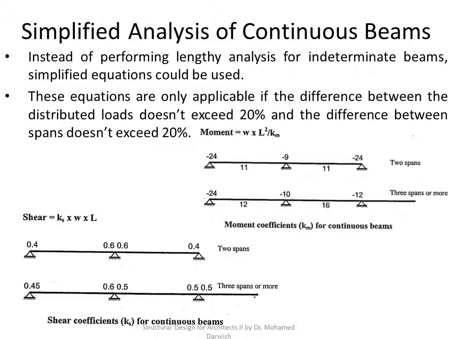If you satisfy these conditions, the moment is simply equal to W times L squared over Km, and this K will change depending on whether it is continuous over 2 spans or 3 spans. The value of K will change from mid span to the support, and so on. Same thing for the shear: here you have Ks times W times L. Sometimes it's 0.4, sometimes 0.6, sometimes 0.45, depending on the condition.